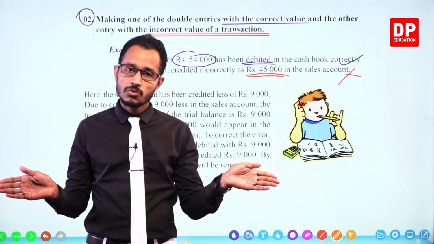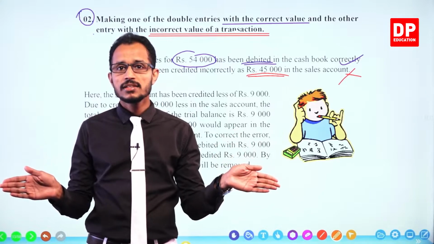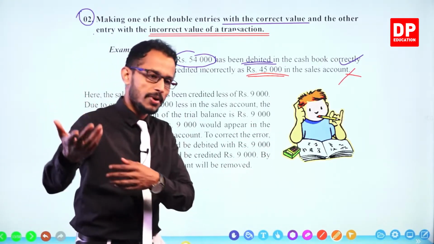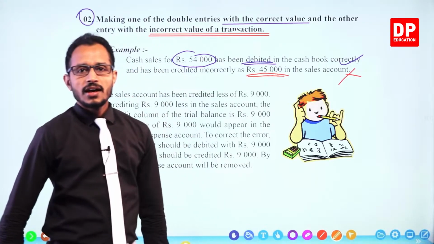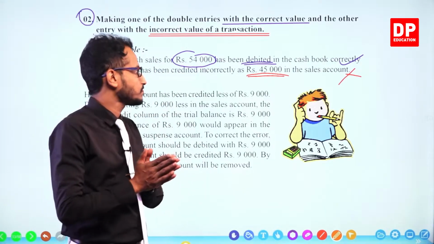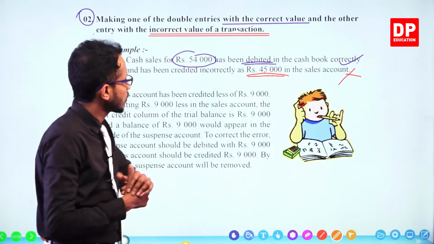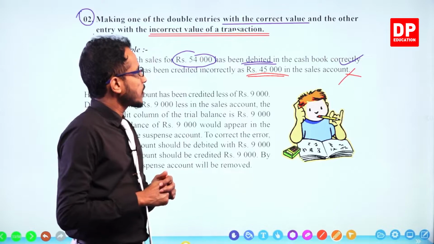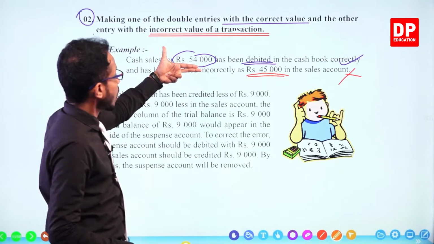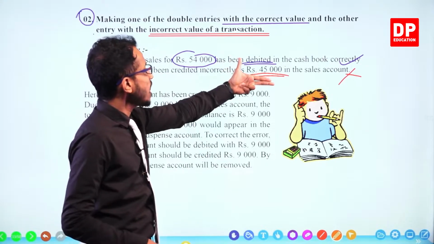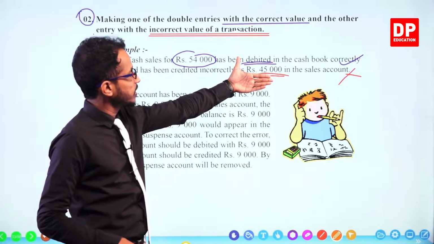So of course the trial balance will not balance. It's going to tip out of balance. There's going to be a shortage in the credit side because 54,000 has been debited, but 45 only has been credited.